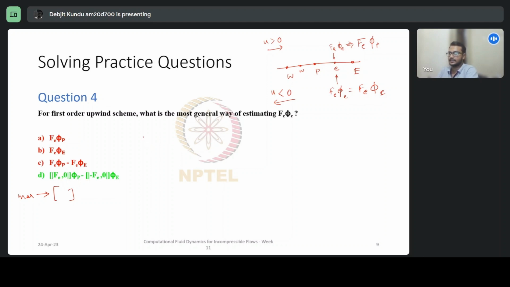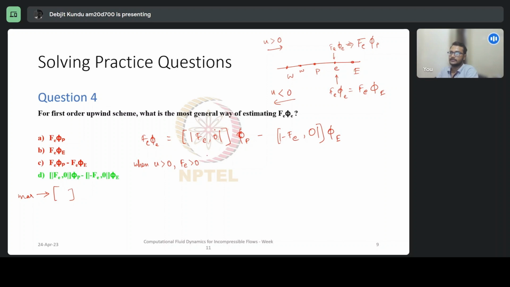I'll take the max of Fe comma 0 into phi P minus the max of minus Fe comma 0 and then phi E. Now let's say when u is greater than 0, then Fe would also be greater than 0.